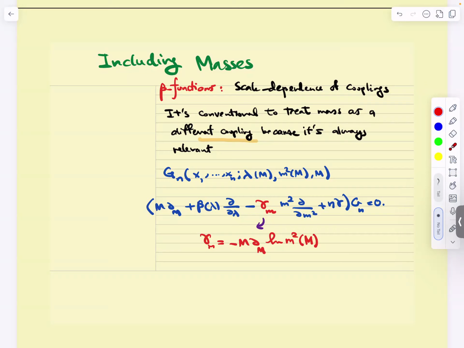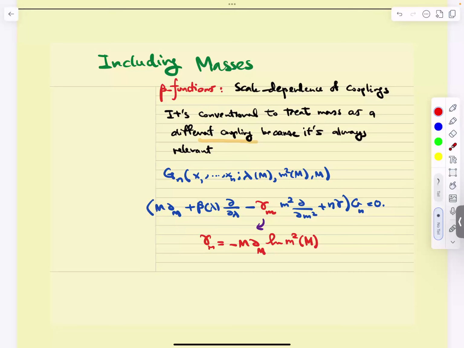So what we're going to do is we're not going to pick a large mass and make a small coupling deformation. We're going to treat mass also as a small parameter, like any other term. So in particular, m squared would be treated as a coupling. There will be a beta function for it, but we write it as gamma of m, not to be confused with this guy, right?